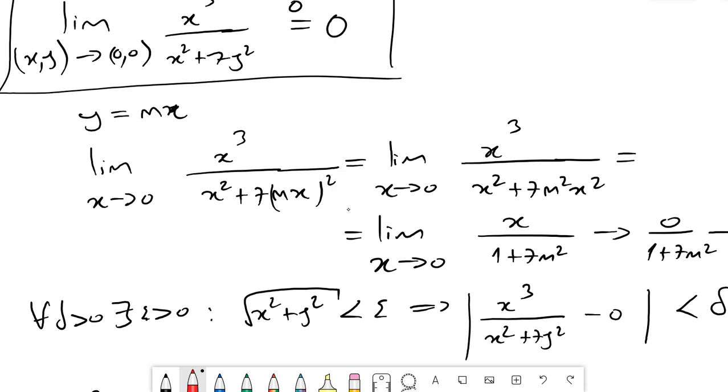So since we get an indeterminate, we are going to check the limits using one direction, the lines direction. So that will be x to 0, right? We are going to change y for mx. X to the power of 3, x squared, mx to the power of 2. So that will be x to the power of 3, x squared, 7 m squared x squared.